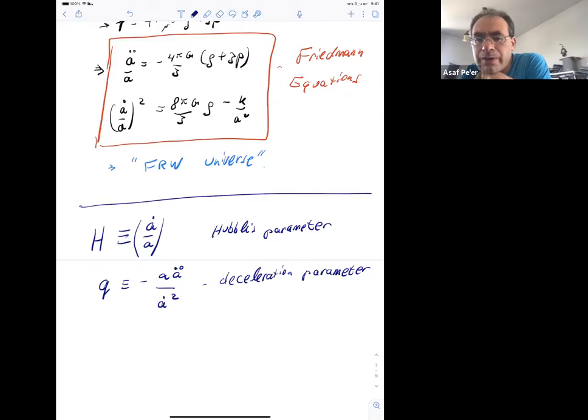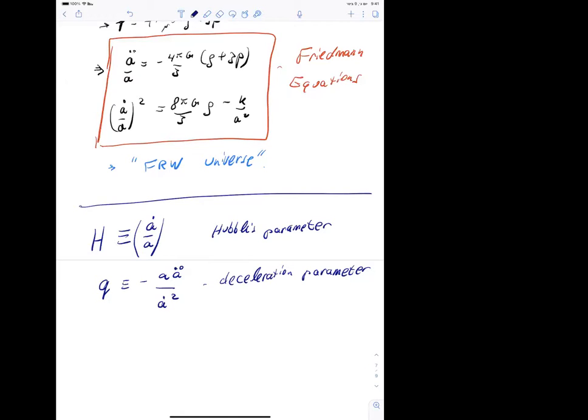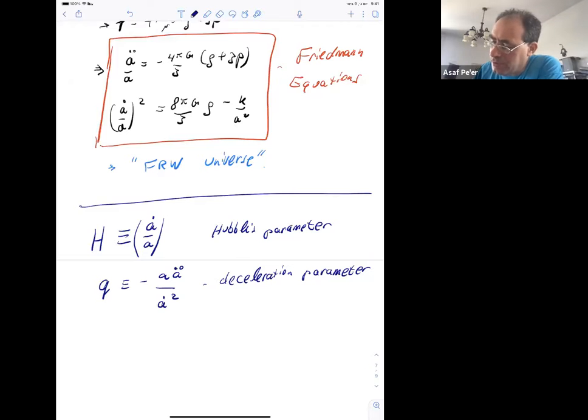How do we call Hubble parameter today? Hubble constant? Yes, very good. And it's denoted with a small 0, H naught. That's called Hubble's constant, Hubble's parameter today.